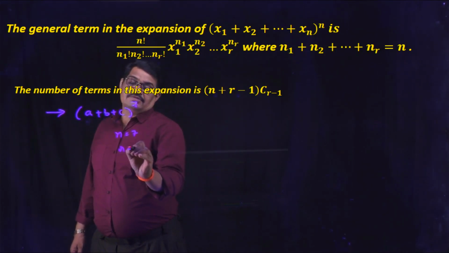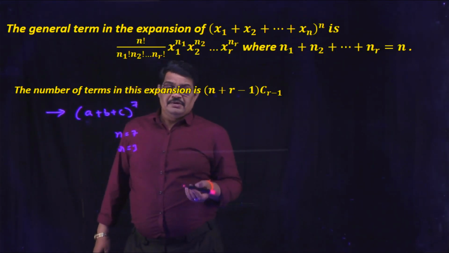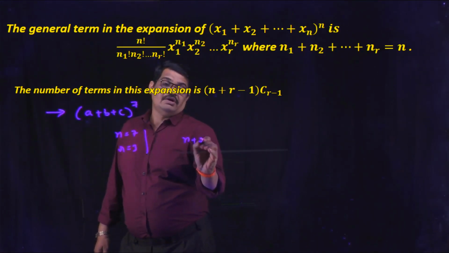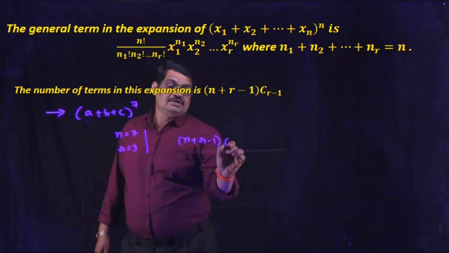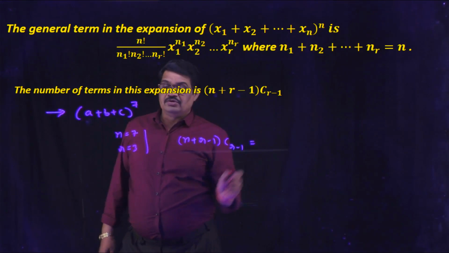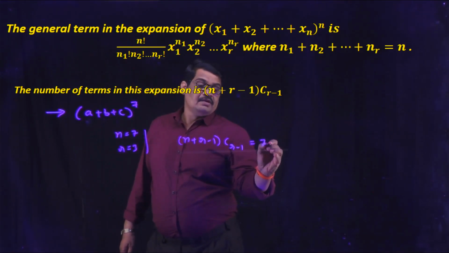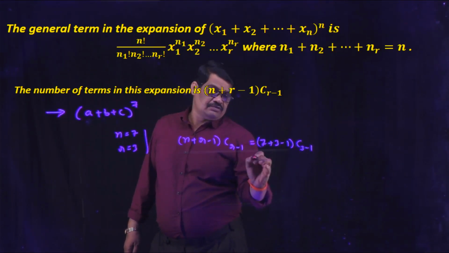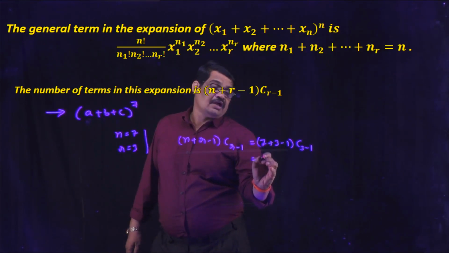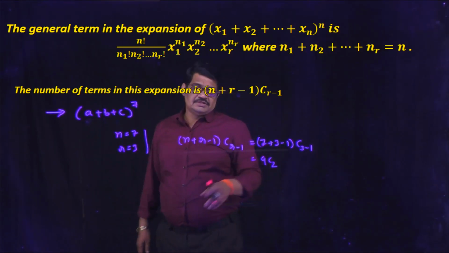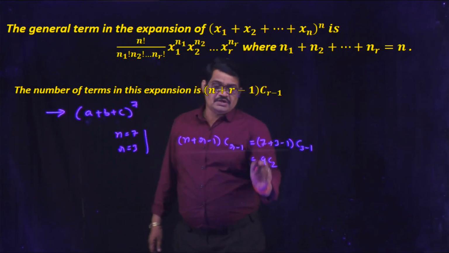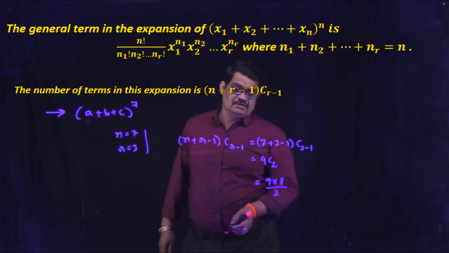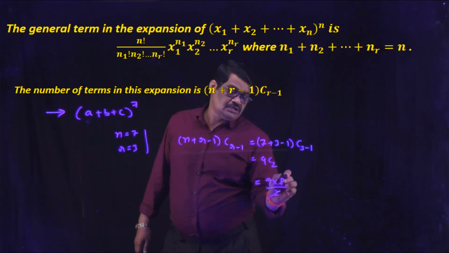The number of terms in this expansion, by the formula (n + r − 1)C(r − 1), is (7 + 3 − 1)C(3 − 1), that is 9C2. What is 9C2? The value is 9 × 8 / 2 factorial, so that is 36.